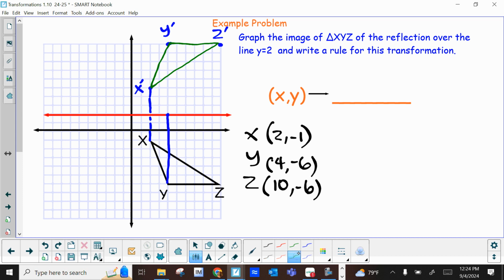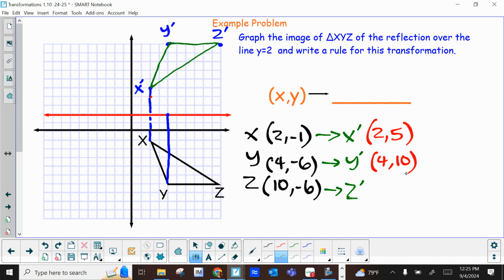Okay, so now let's see what image points ended up at and see if we can discover the rule. So we got to study these points. So x is now at 2, comma 1, 2, 3, 4, 5. 2, comma 5. Y prime is at 4, comma 10. Z prime is at 10, comma 10.